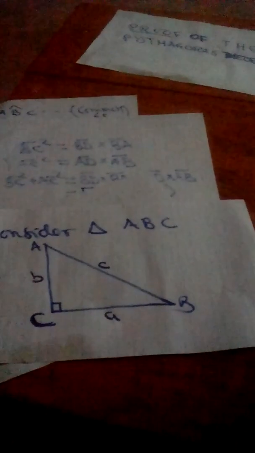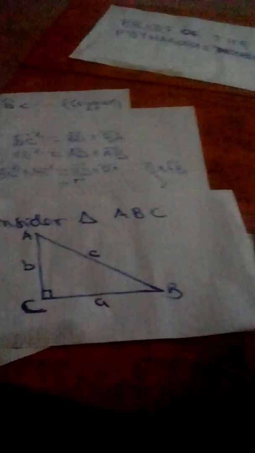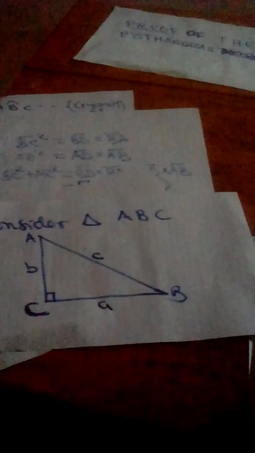Remember here, what we were proving is this. We had to prove that AC square plus BC square equals AB square. And when you look back here, you will see that if you rearrange this, it is the same as AC square plus BC square equals AB square. And this is actually proved.